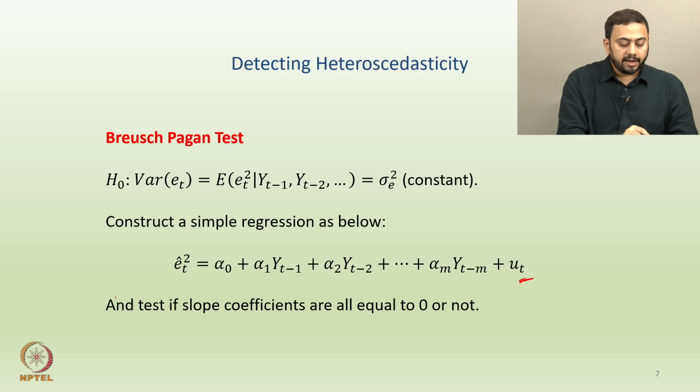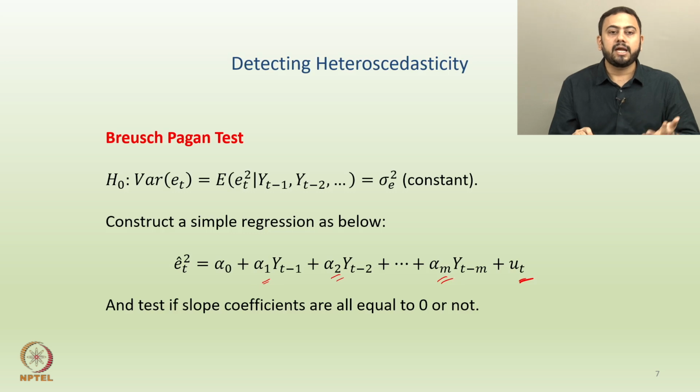Again the same story: test whether all the slope coefficients are 0. If all these alpha 1, alpha 2 up to alpha m happen to be 0, then my ET square hat term would be constant, and the squared residual would resemble a stationary series.